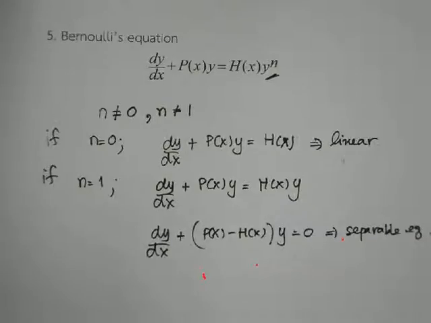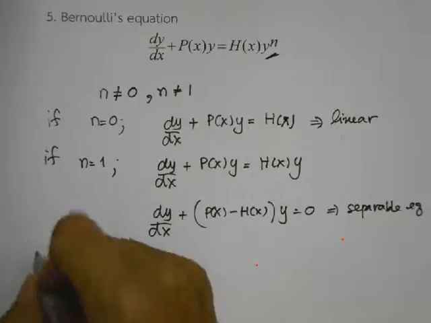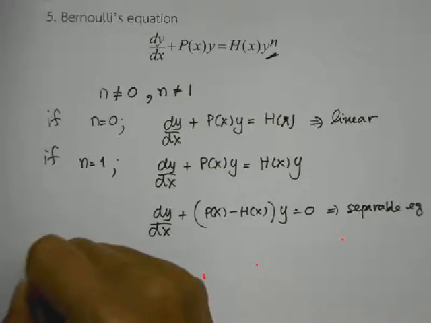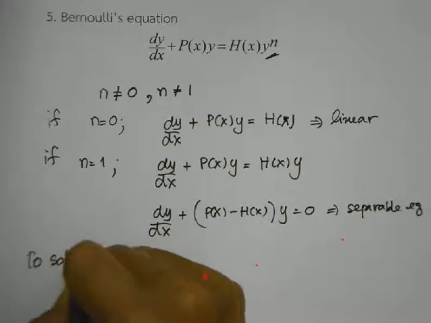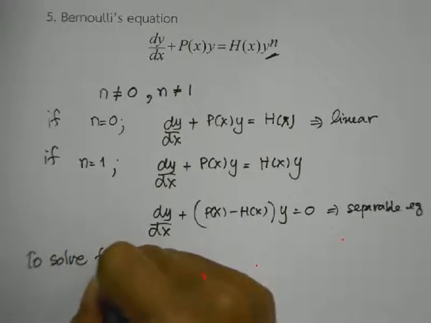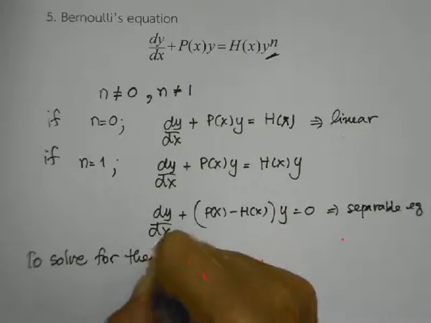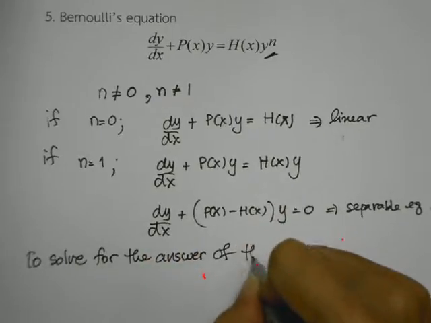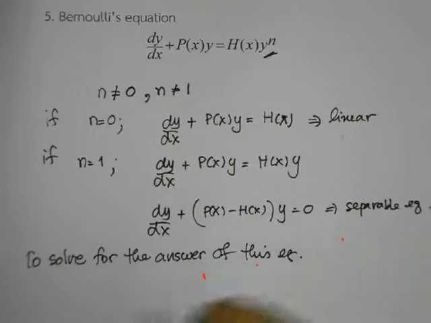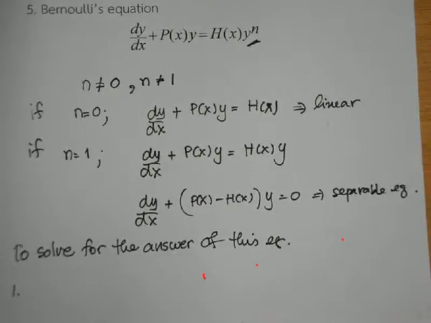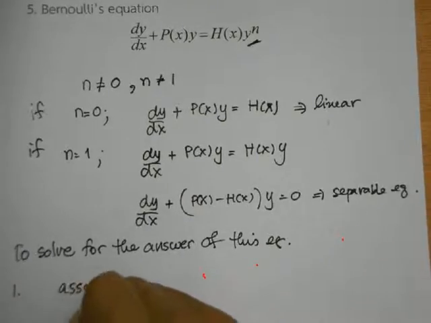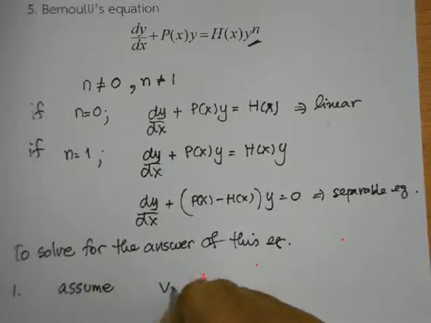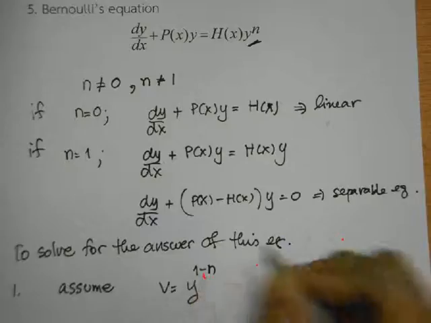And the way to solve the Bernoulli equation, first we have to assume v is equal to y to the power 1 minus n.